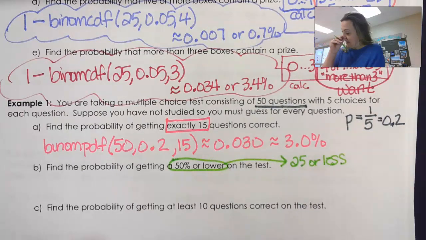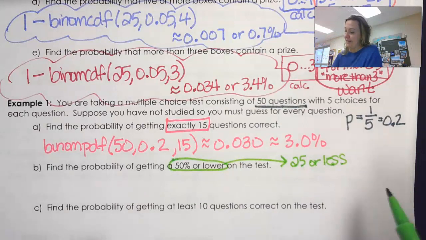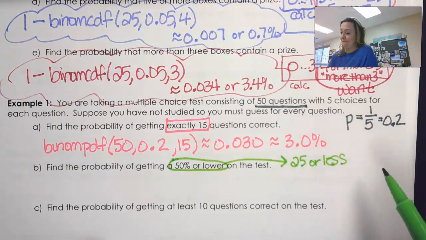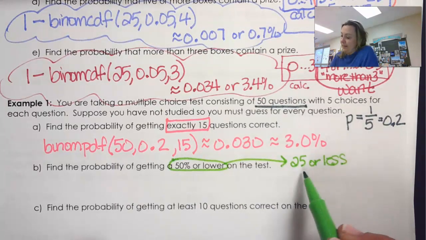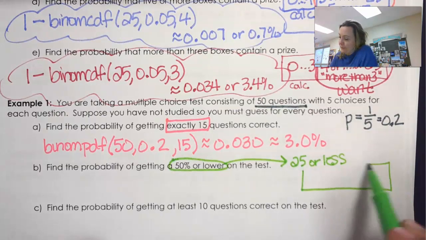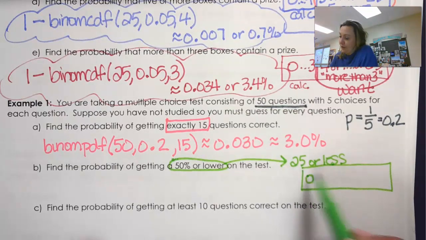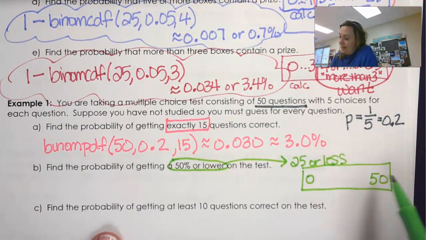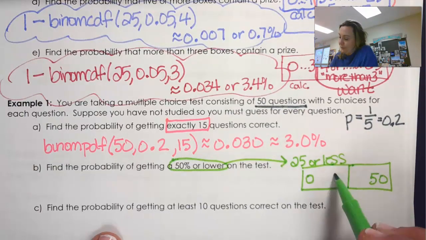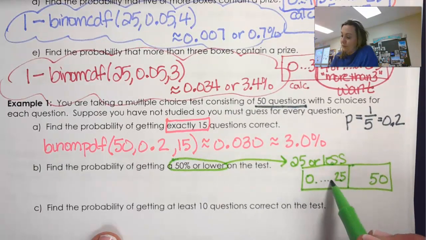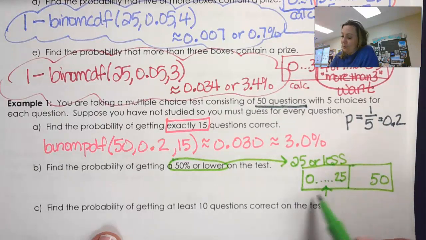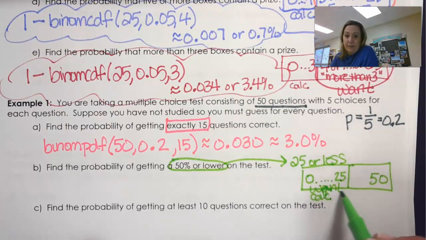When we think about that, here we have 50 questions. If you were to draw a little box for this one, you could have 0 to 50. And so essentially here we would want the 0 through 25.